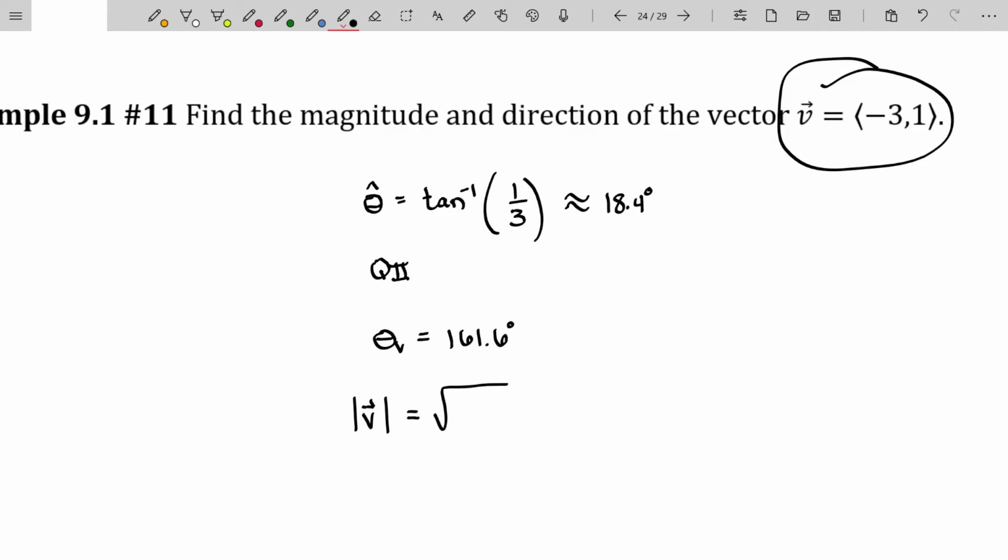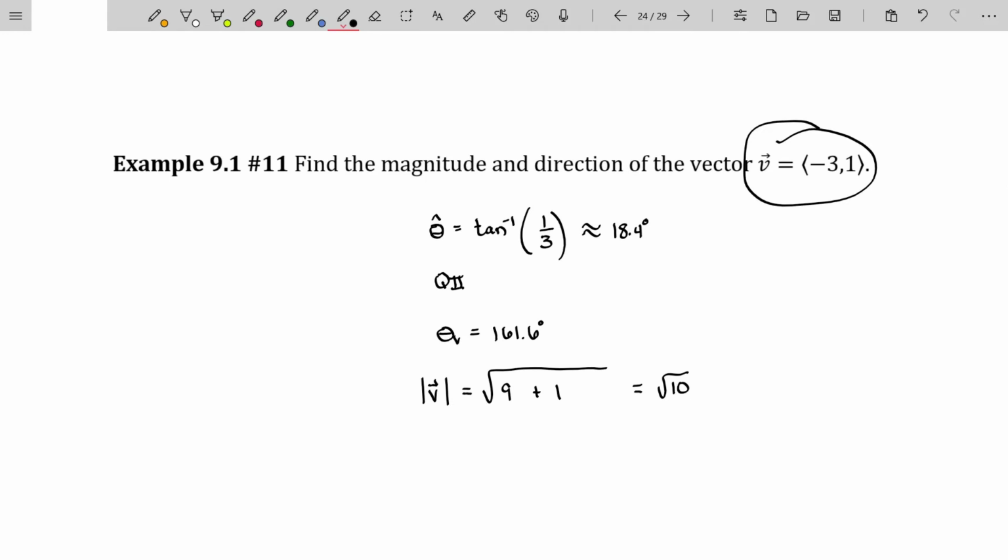That's just going to be the square root of 3 squared plus 1 squared, which is root 10. So there you go. You can be asked all these different kinds of questions. You should be able to answer them because they're not too terribly difficult. Now in the next video, we'll get into some challenging stuff because that's the applications, but that's also where vectors sing. That's where they do the best job they can do, and that's where they're most entertaining.